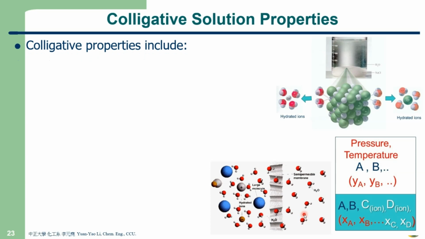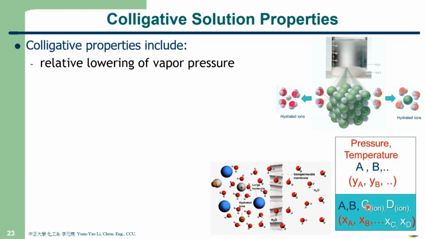The colligative properties include the following. You will lower the vapor pressure. Why? Imagine you have salt in the water, and the water wants to come out, to vaporize. And then the salt will grab it, saying, please don't go to the vapor phase.